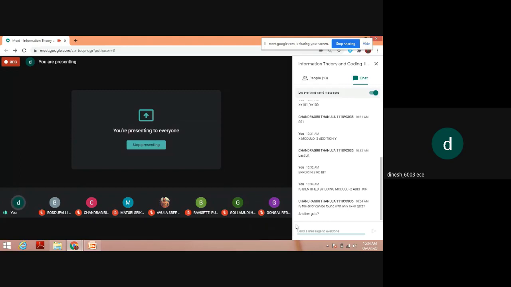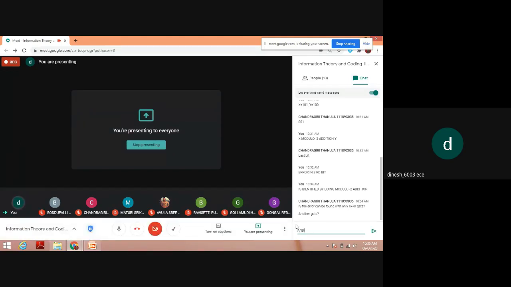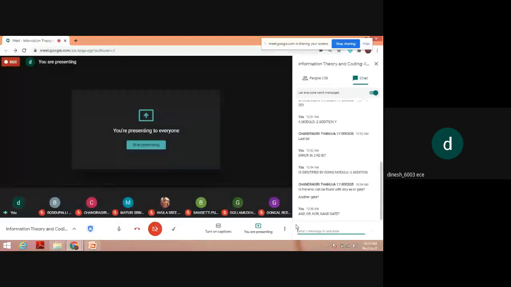Now use the logic of the AND gate or OR gate or NOR gate or NAND gate. Use any other gate and tell me. You check, it's a random value only. Kindly check, you won't get it.